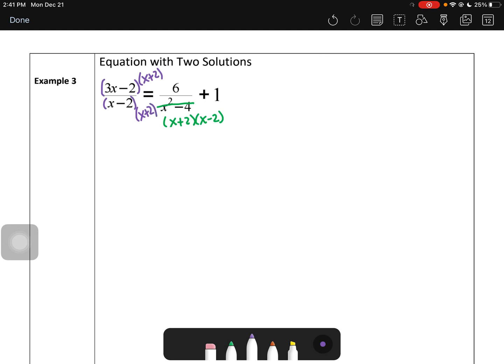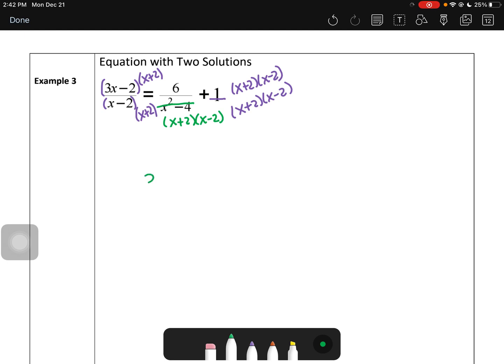And then in our second expression, we're going to multiply both the numerator and the denominator by x plus 2 and x minus 2, so that we have a common denominator. Again, when we have a common denominator, we won't worry about the denominator. Since it's common, we'll be able to just solve by using the numerator.